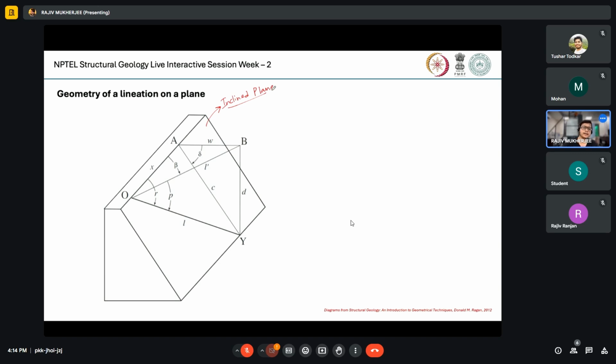But in this case we will not just use the right hand rule, we will derive some trigonometric relations. The line OA is the strike of the plane.